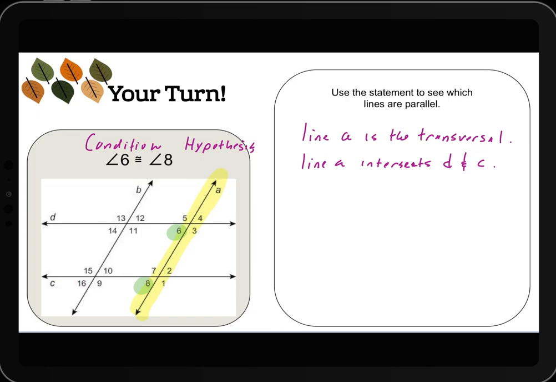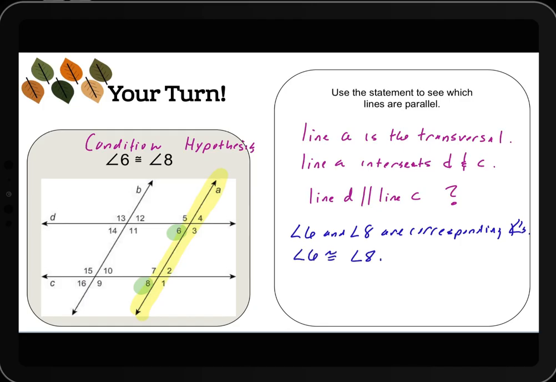D and C. So we're going to assert that line D is parallel to line C. I'm going to put a little question mark next to that because we're asking ourselves that question: are they parallel? The answer is yes, because angle 6 and angle 8 are corresponding angles, and we have that angle 6 is congruent to angle 8.